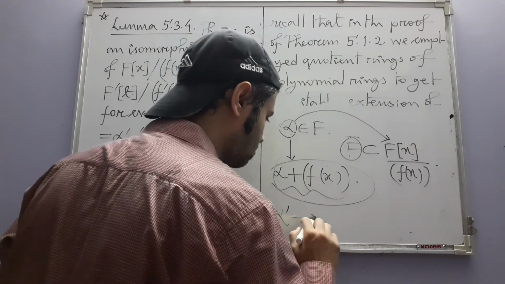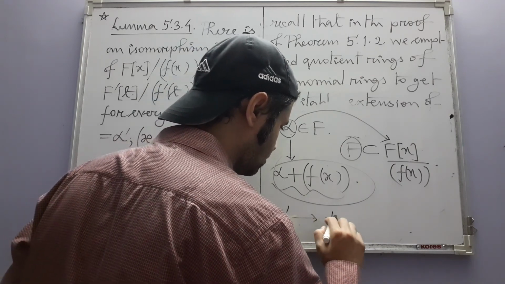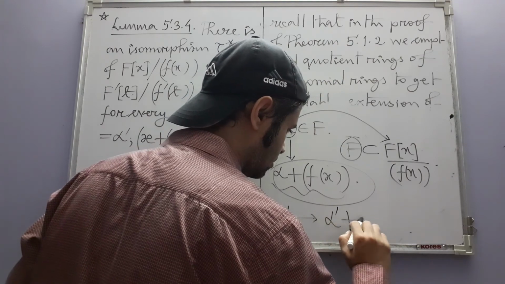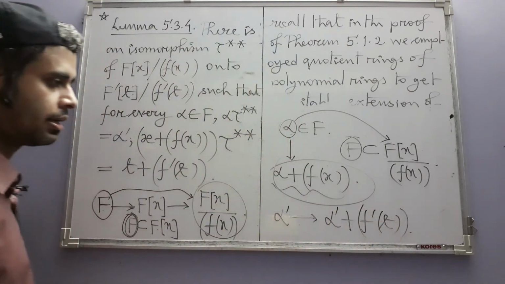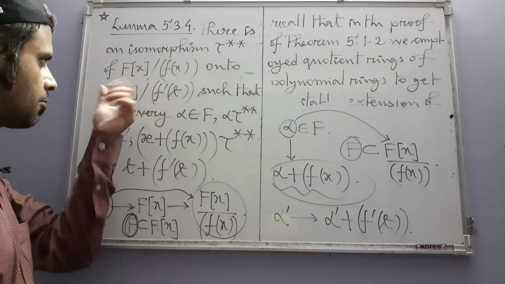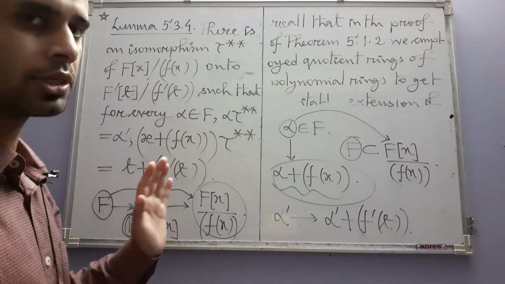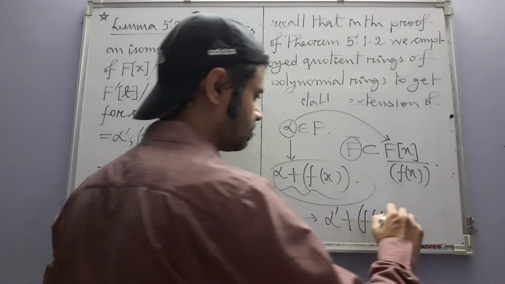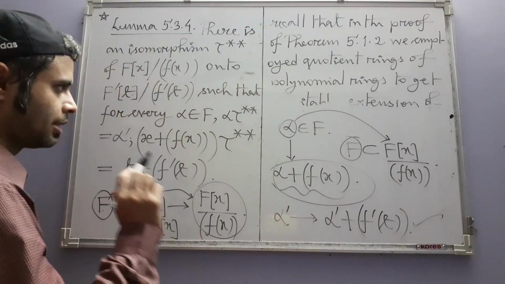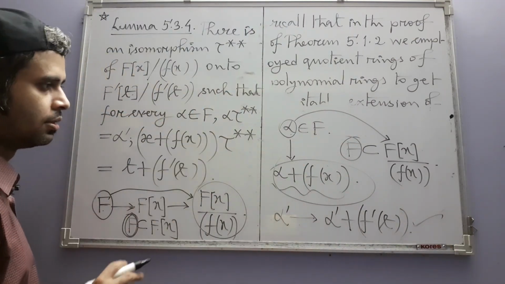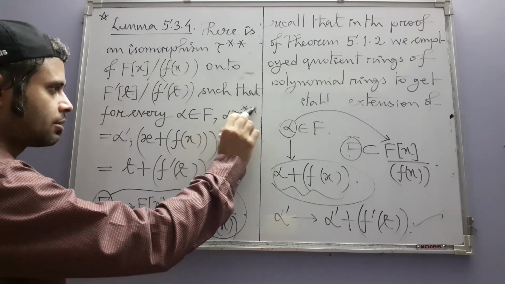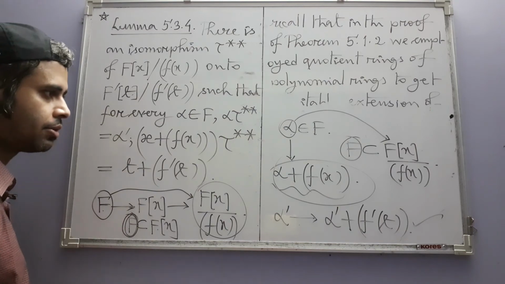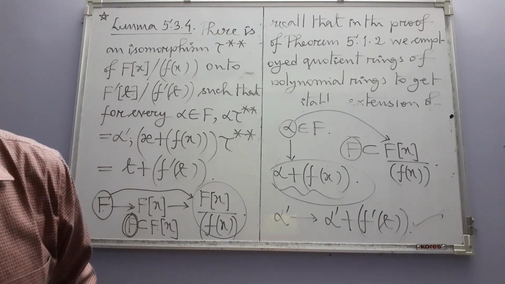In place of alpha prime, you think of this coset of this ideal in the second quotient ring. So that is the real meaning of this. So that means that this equation you see here, alpha tau star star equal to alpha prime, really just means this.